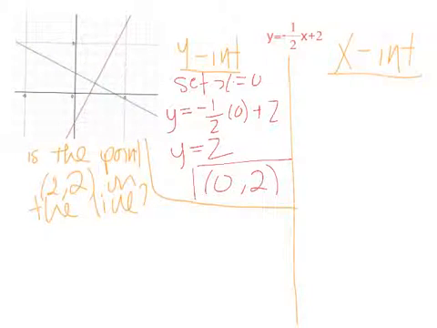The x-intercept question is always a little more fruity. I just make y into 0, okay? So I'll write it out again: 0 equals -1/2 x plus 2.